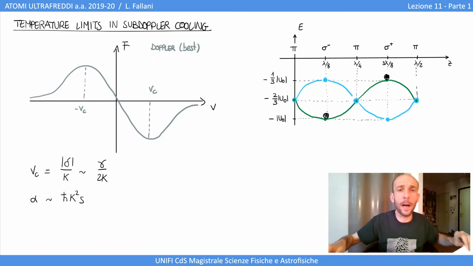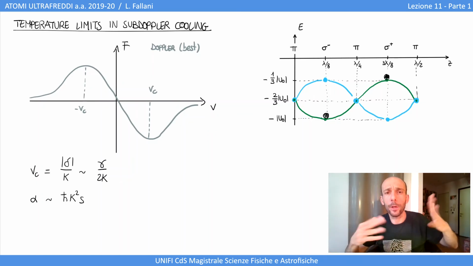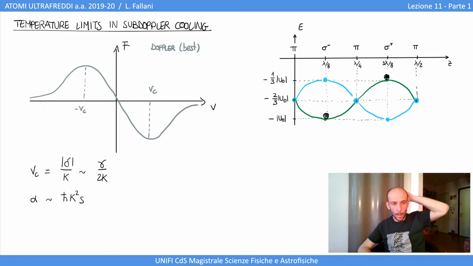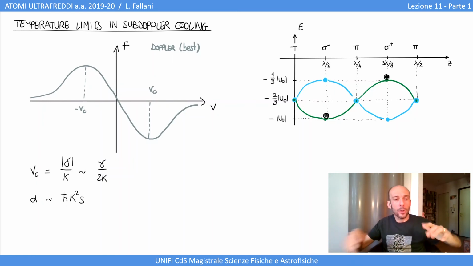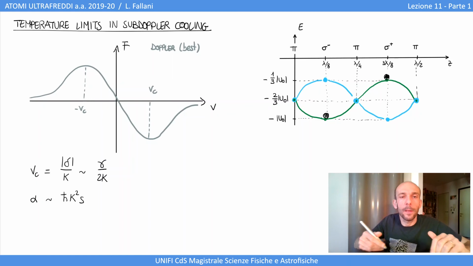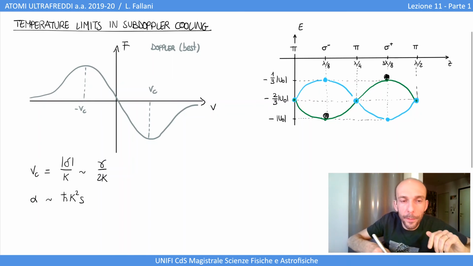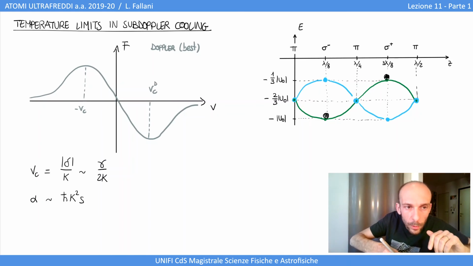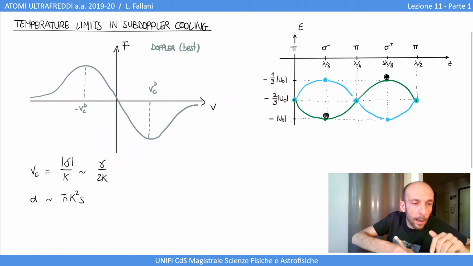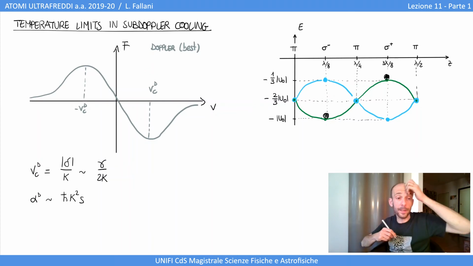Then there was a prefactor of order 1, but we don't care about that. These are the parameters in the case of Doppler theory. Let me stress that this is for Doppler theory, because now we would like to see what these parameters are for the subdoppler case.